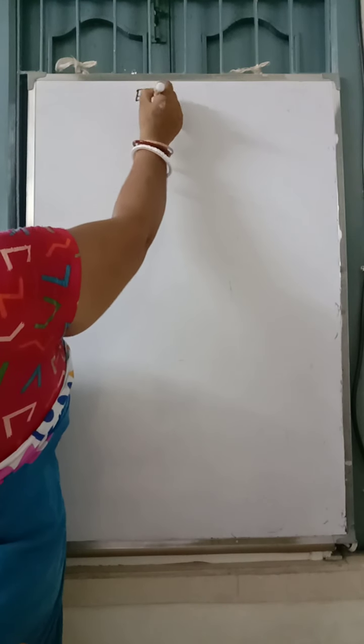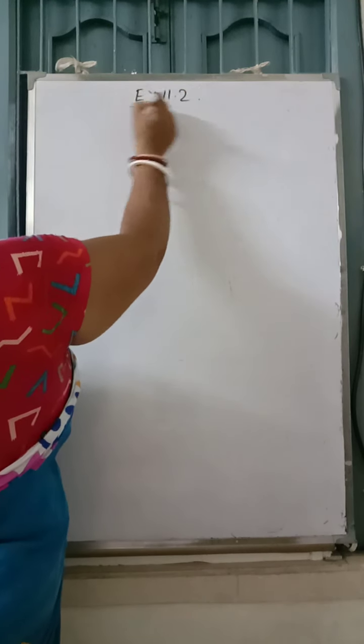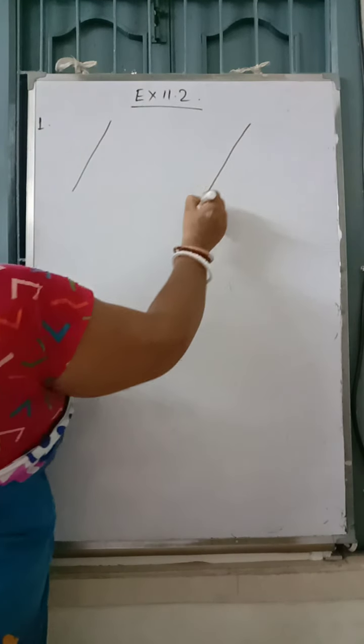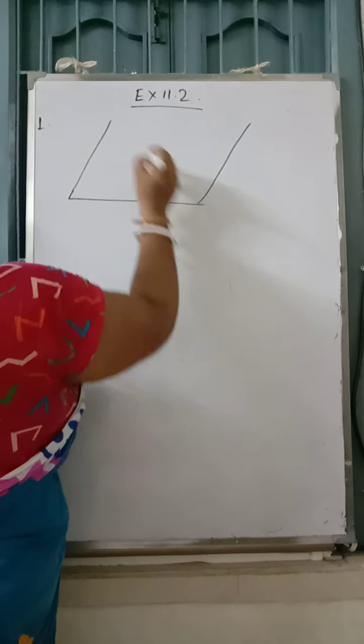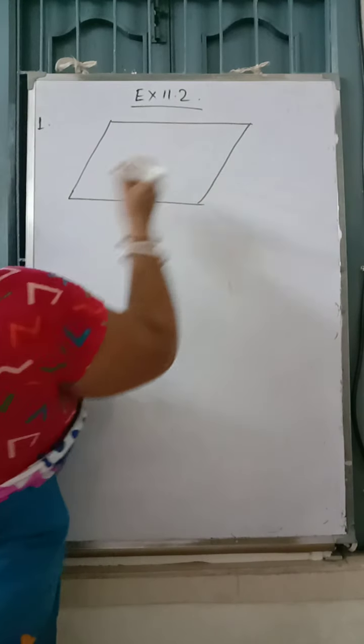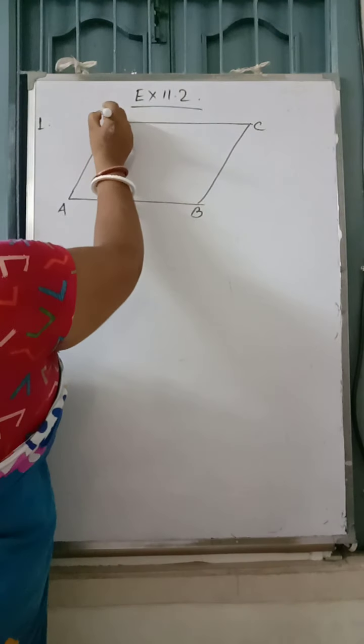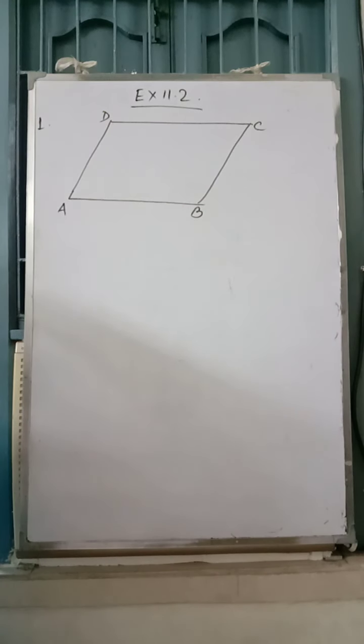The first question of exercise 11.2 says, in a parallelogram ABCD, there is a parallelogram A, B, C and D. E and F are the midpoints of AB and CD.